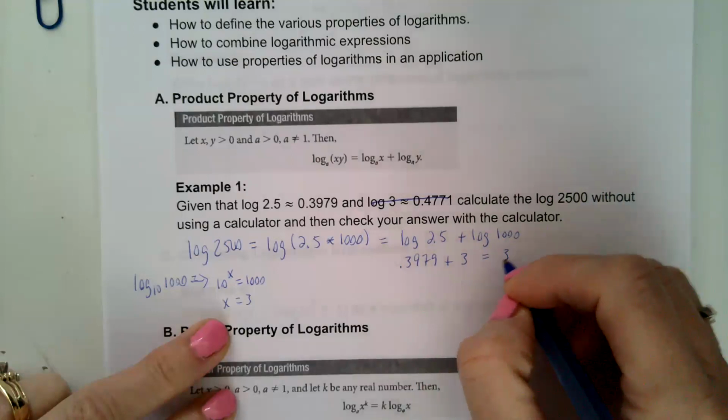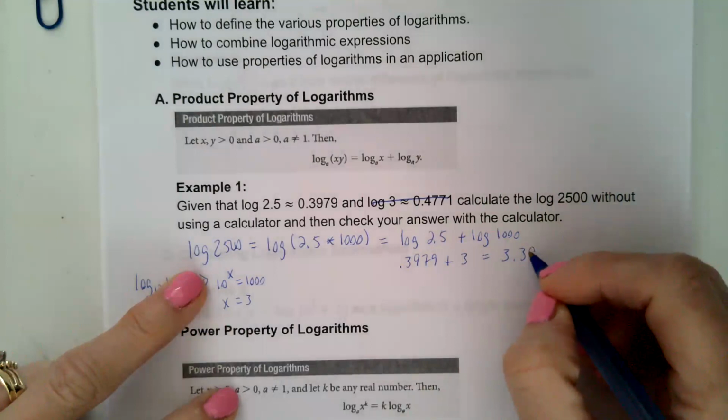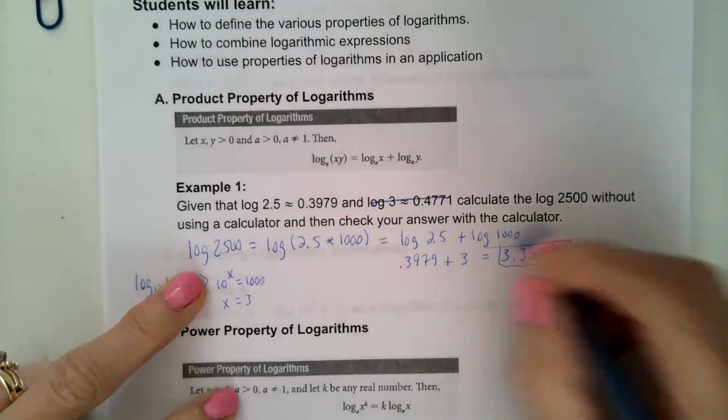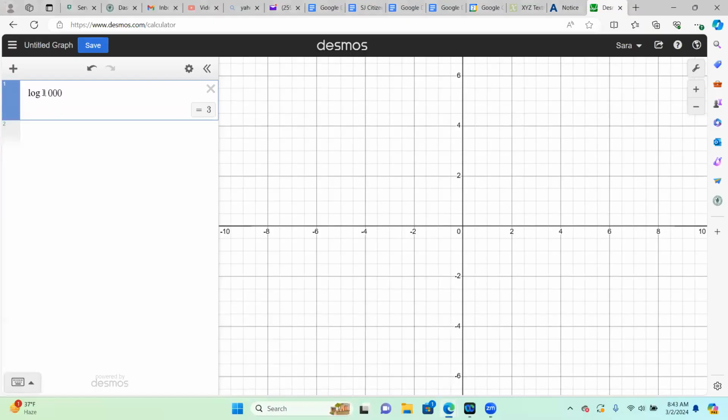So the answer to the log of 2,500 should be approximately 3.3979. And I'm going to go to Desmos and we're going to check it out. There it is.